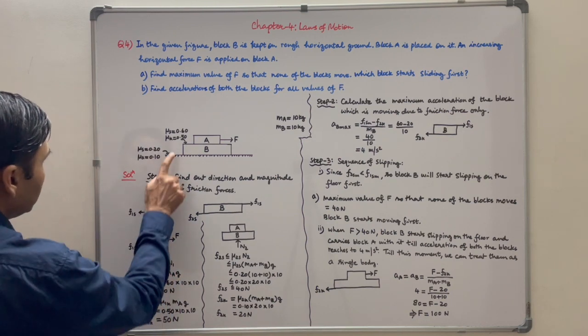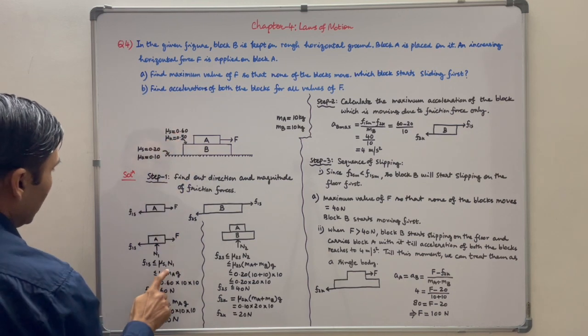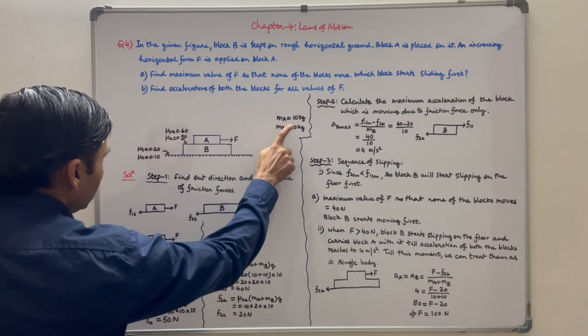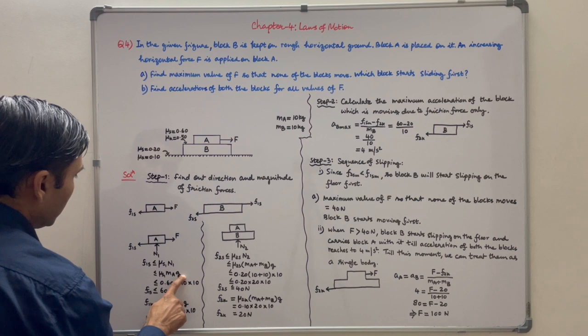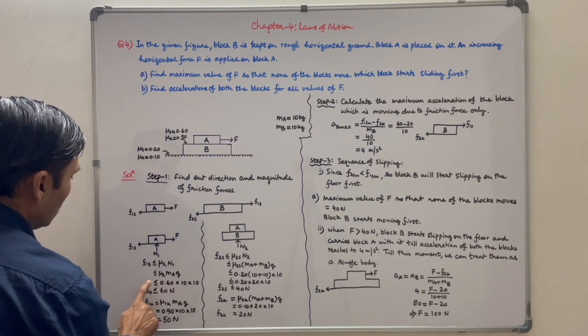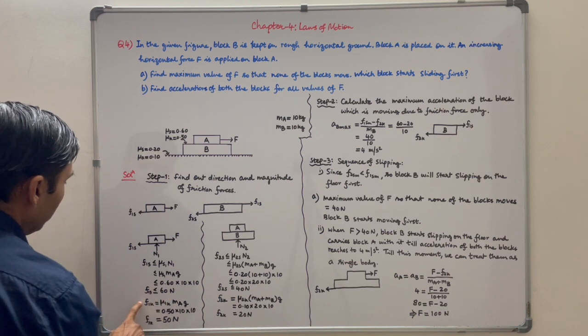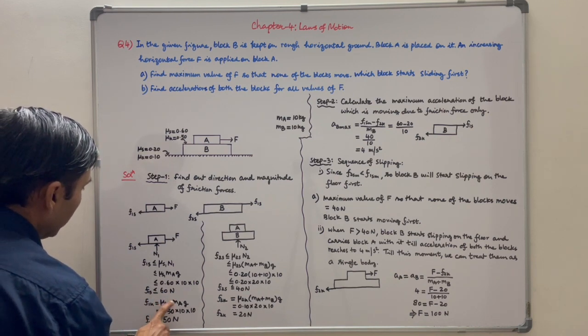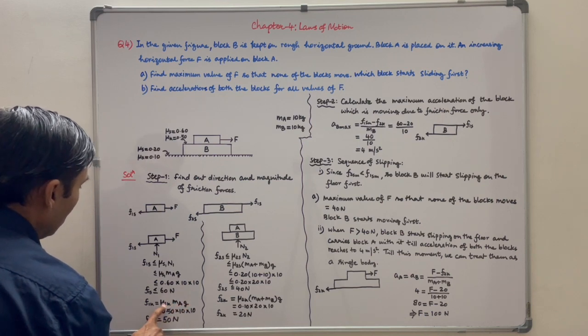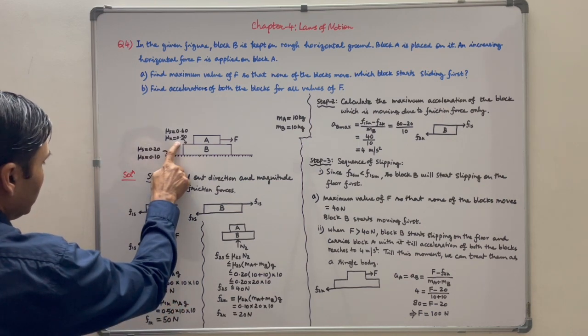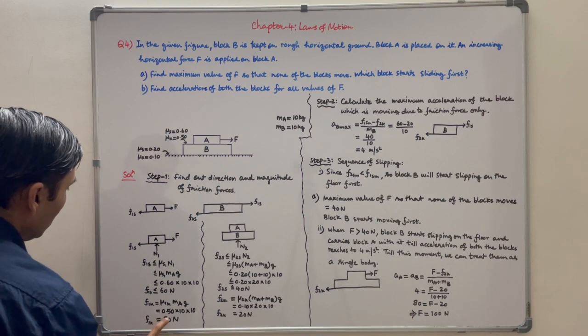Value of muS1 is given as 0.60. mA is equal to 10 kg. We can take g as 10 meter per second square. So F1s is less than or equal to 60 Newton. Similarly, we can calculate F1k. F1k is equal to mu1k into mA into g. Value of mu1k is given as 0.50. So F1k is equal to 50 Newton.